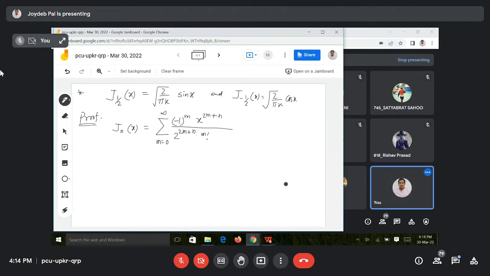Are there any other term? Gamma m plus nu plus 1. Here nu means n. Okay, better to write nu.